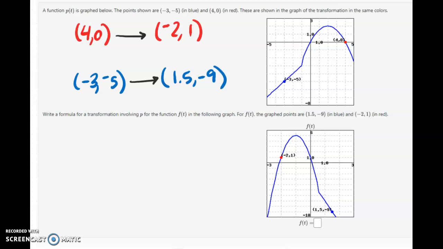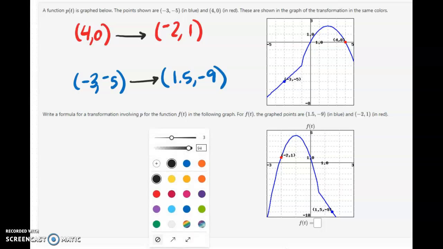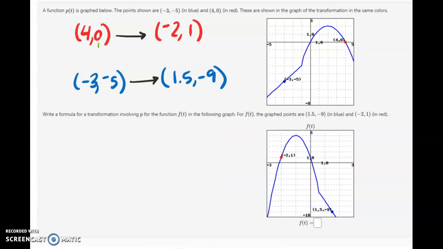So I want to see if I can see a pattern of what's happening. In this one, the y point starts at 0. Now, 0 is hard because when you multiply by 0, it doesn't change anything. So there actually could be some compression or stretching going on, but we're not seeing that in this point.